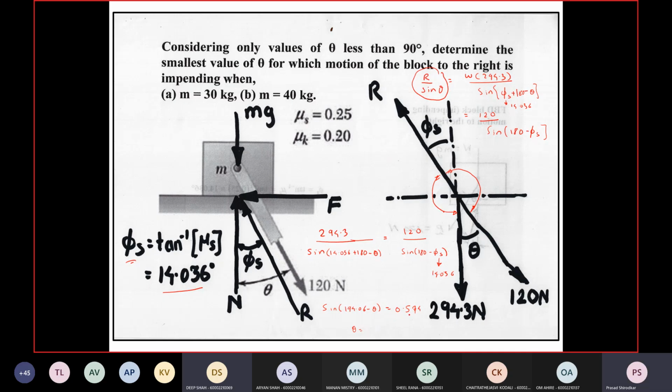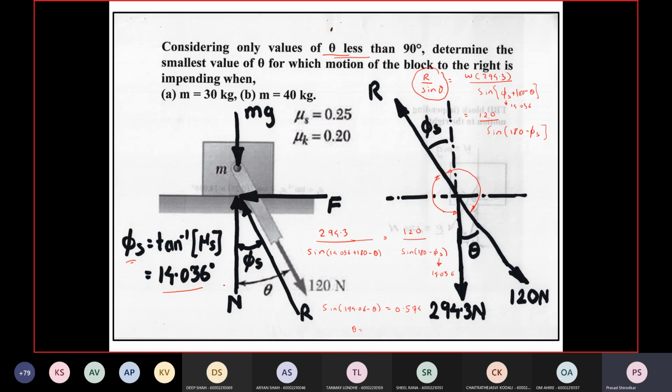How much did you take for this angle, sine inverse of 0.594? Sir, it is 36.441. Okay. Now it is asked that you have to consider the values which are less than 180 degrees.